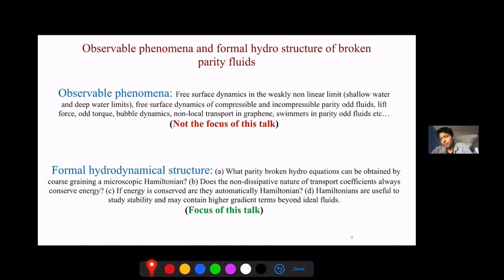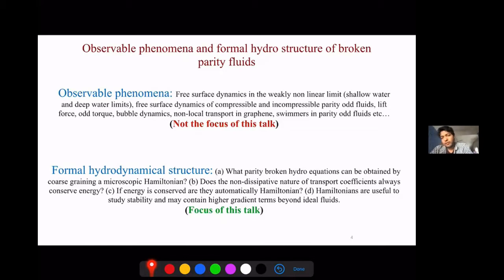The reason I want to study this is that you can classify these parity broken hydrodynamic systems by which class necessarily requires some activity at a local level, which class can be purely derived from an equilibrium setting, and which of them have a Hamiltonian structure of fluid dynamics. So this will be the focus of this talk.